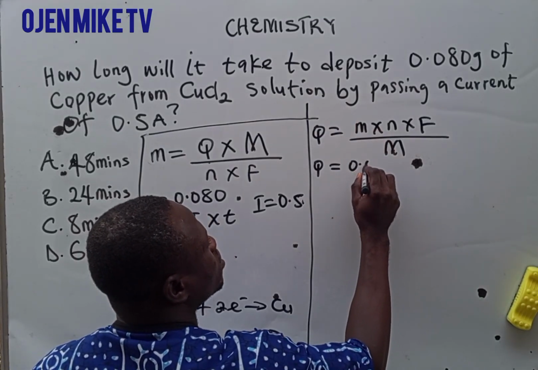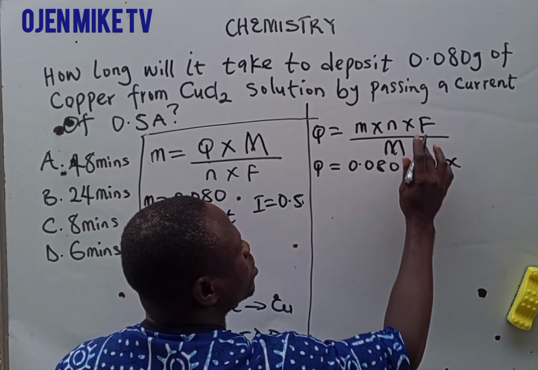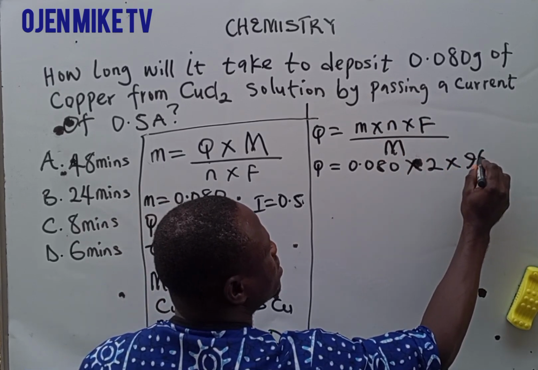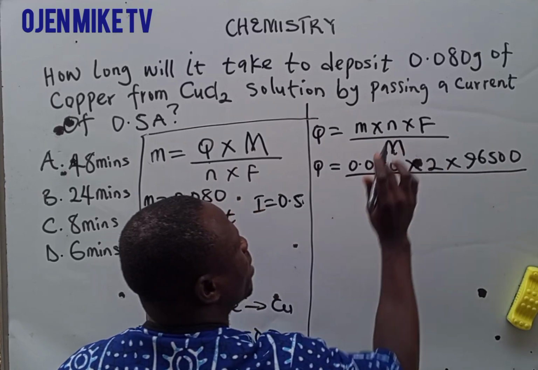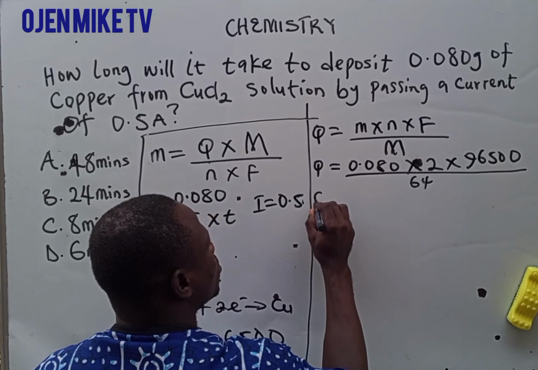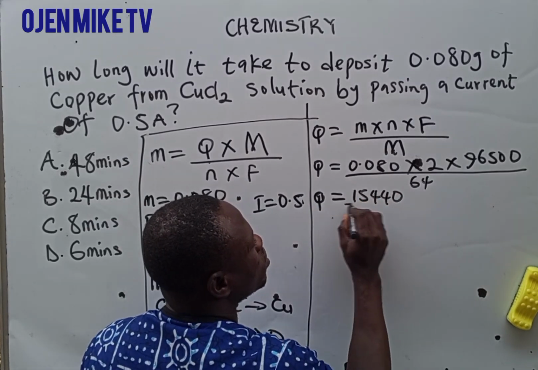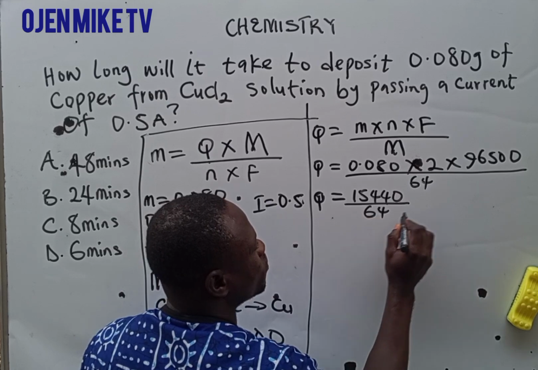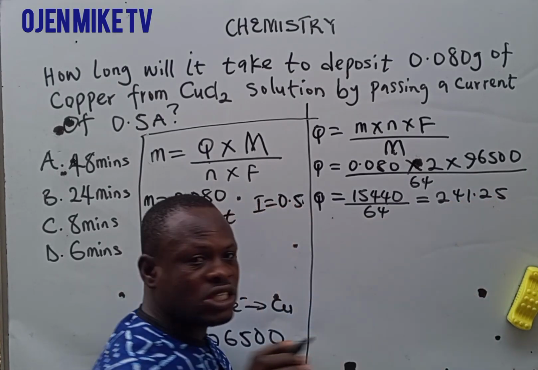Mass is 0.08 grams, multiplied by your moles, 2, multiplied by Faraday, 96500, divided by your molar mass, 64. This will give you 15440 divided by 64, which is 241.25. So we have gotten our Q.